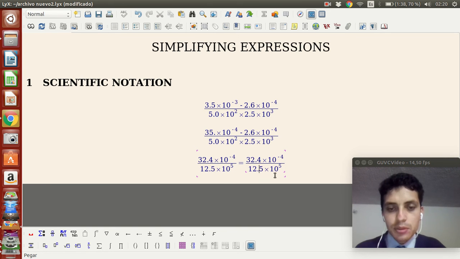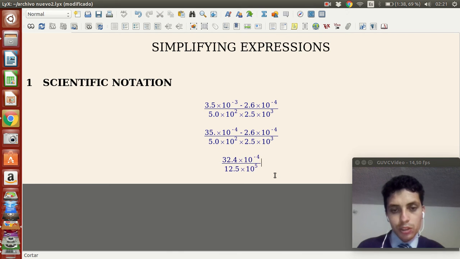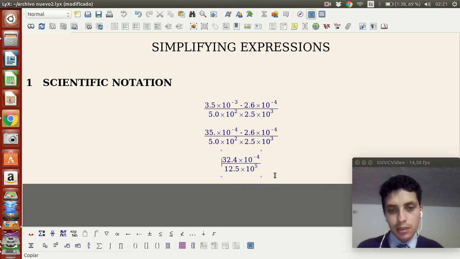The next step to simplify this expression is to divide both numbers. If you need a calculator to divide the numbers, that would be good, but we're estimating. I'm going to show you how to estimate the answer.